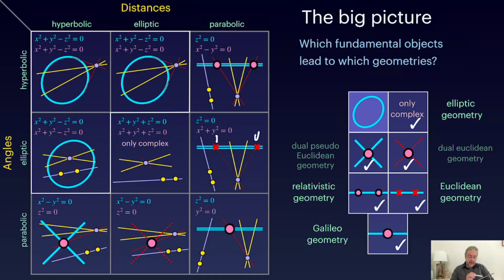Now we have to talk about distance measurements. In that case, if you perhaps focus on the outside of your conic here, you may measure the distances between 2 points that are such that their join meets in real points, or you have 2 points such that their join has only 2 complex intersections with the fundamental object.